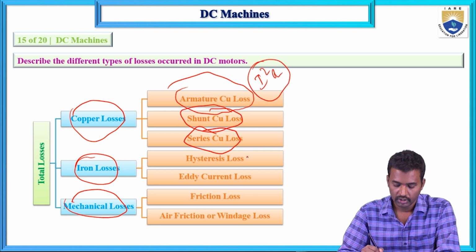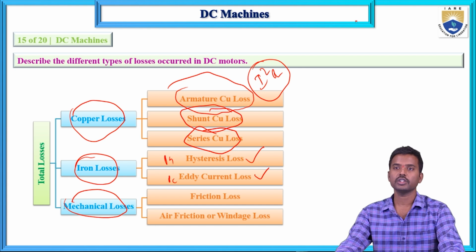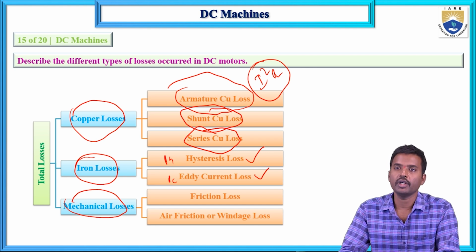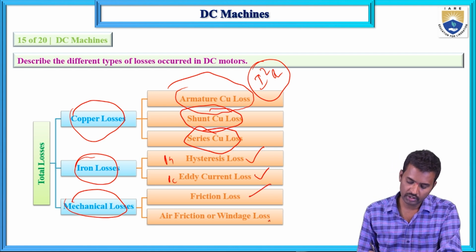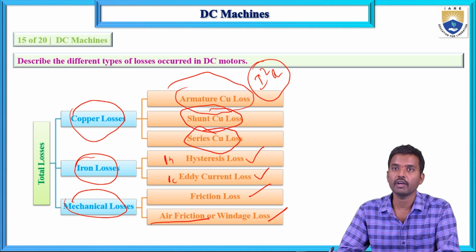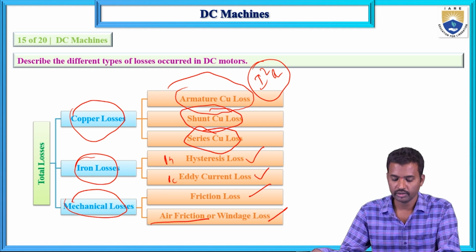Next, hysteresis losses and eddy current losses, PH and PC. To reduce the eddy current losses, we will use a laminated core, and to reduce the hysteresis losses, we will use high grade silicon steel material. And these are the frictional losses and the windage losses, that means air friction losses. This I explained in the previous lecture.